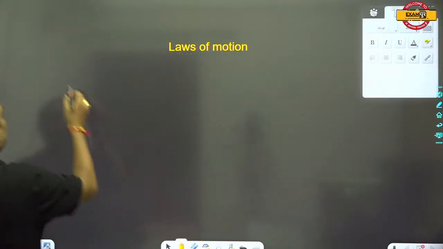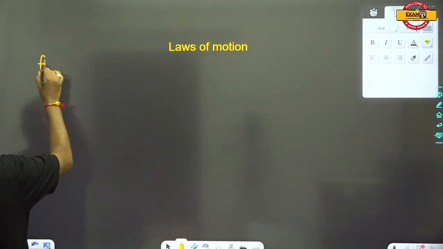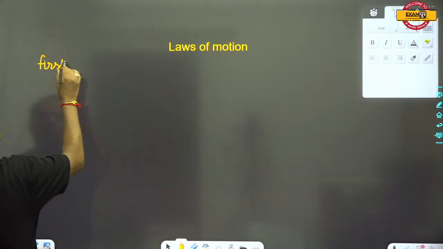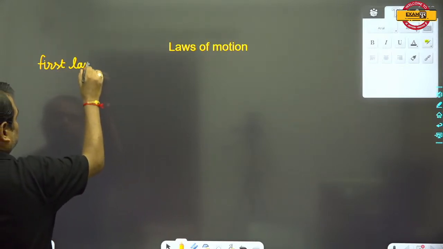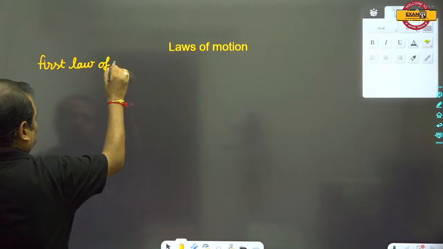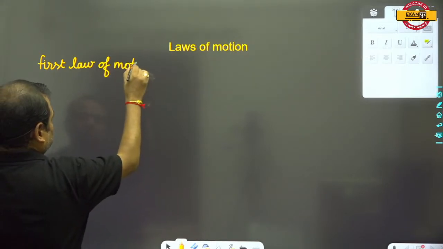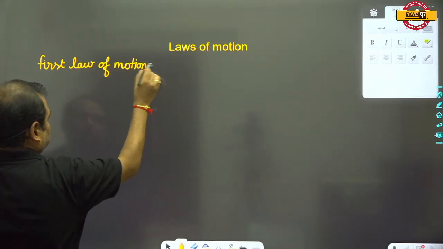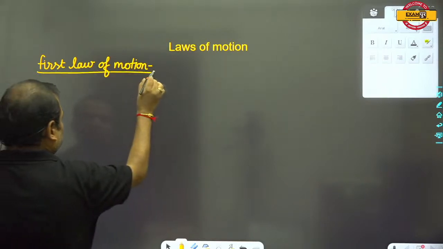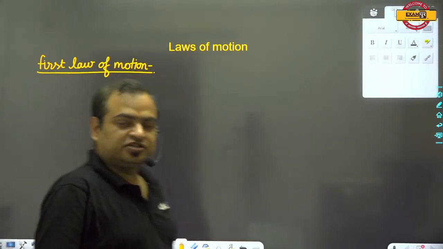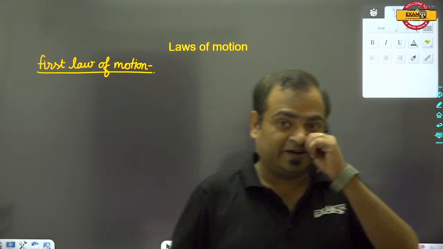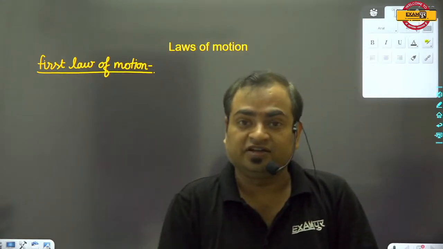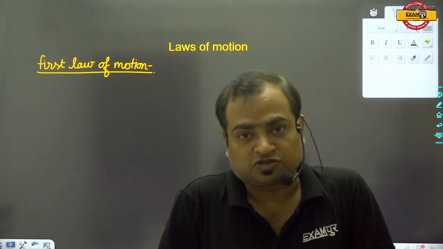The first law of motion. According to Isaac Newton, he observed a body which is in the state of rest, and he observed it till it started its motion.